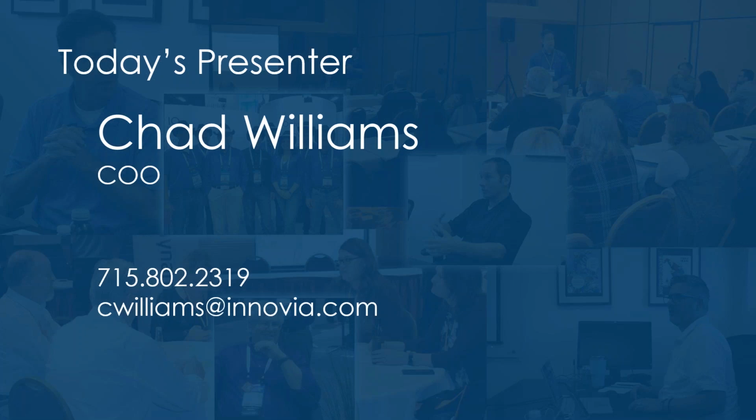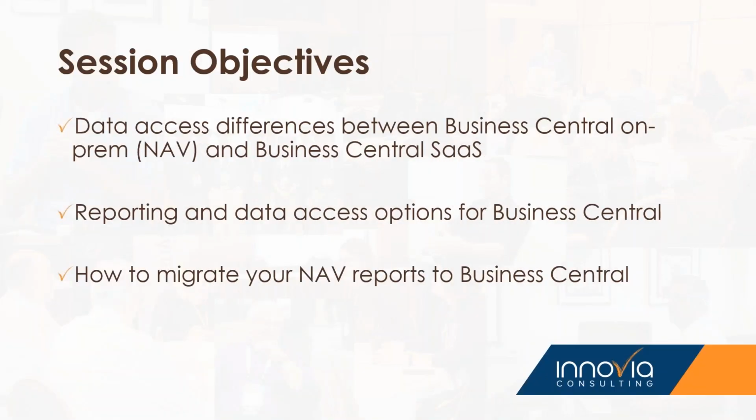So today we are going to talk about custom reporting in Business Central. A couple of things that I want to make sure that we cover today: first of all, I'm going to talk about the differences between Business Central on-prem or NAV and Business Central SaaS. I'll talk about some of the naming there and try to explain what those differences are that are ultimately driving the changes that we are seeing now in terms of how we might access data and how we do our reports.